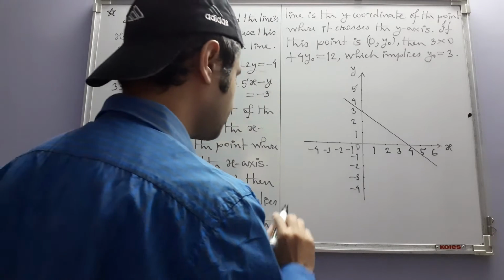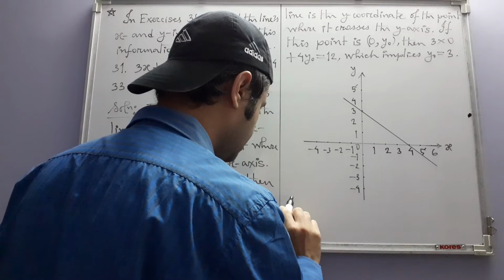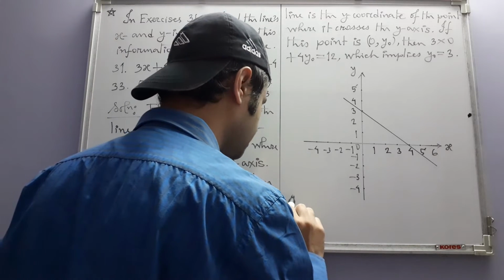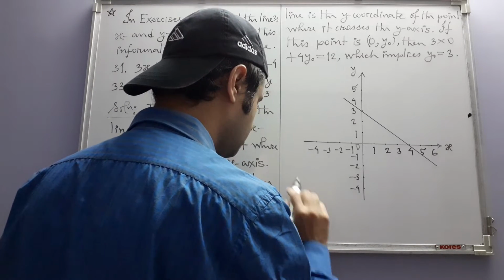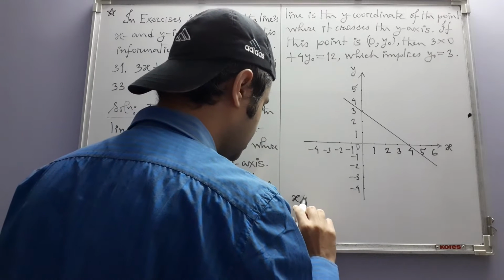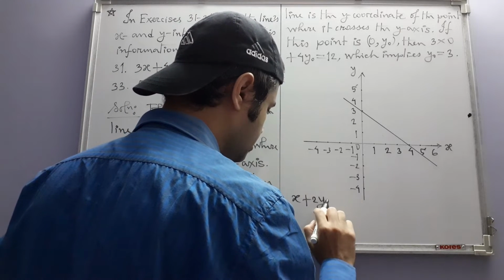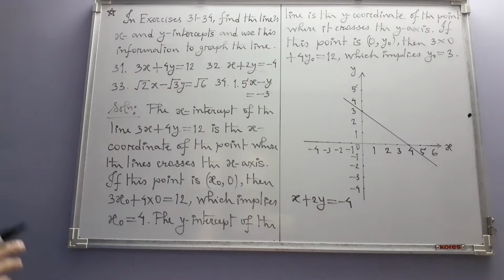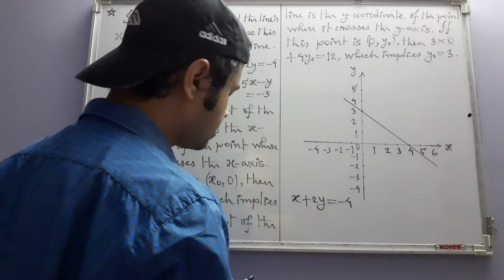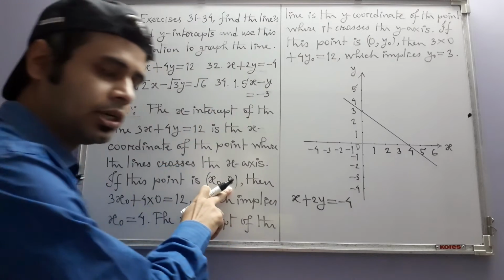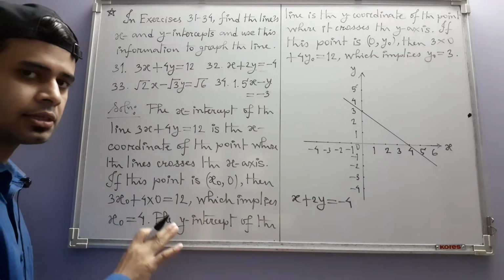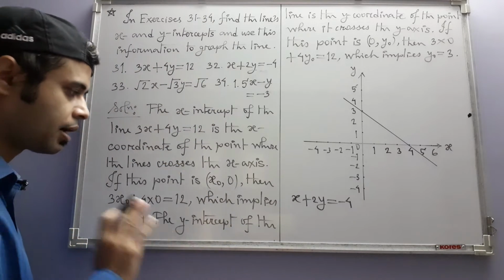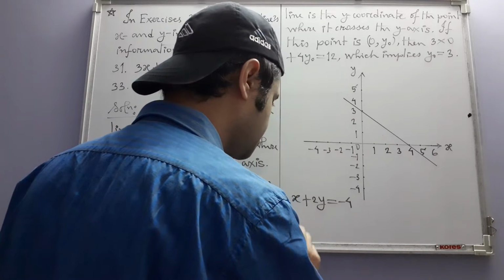The others we are going to just simply find the intercepts and then draw the line. So for exercise 32, the equation is this. For the x-intercept, we have to put y equal to 0.